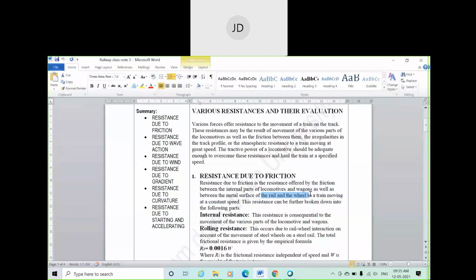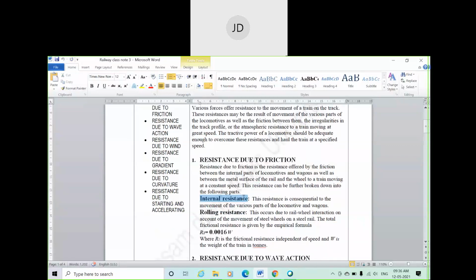So as a whole, the resistance can be further broken down into the following parts. The total resistance due to friction can be divided into two parts: one is internal friction, another one is rolling friction. The internal friction is consequential to the movement of the various parts of the locomotive and wagon.